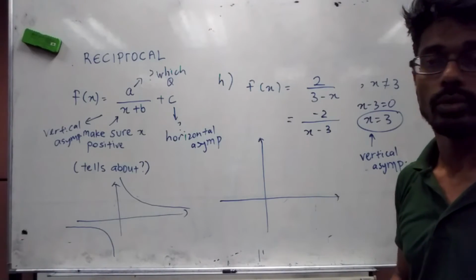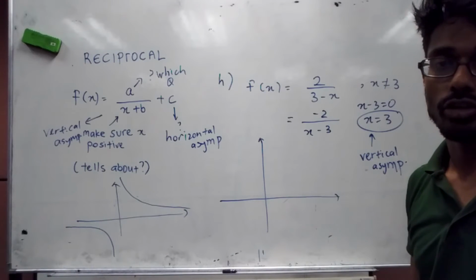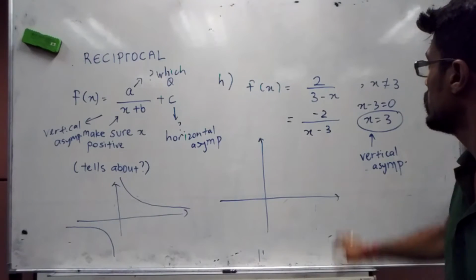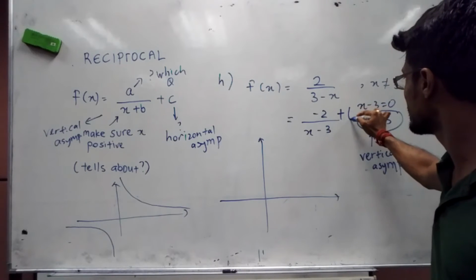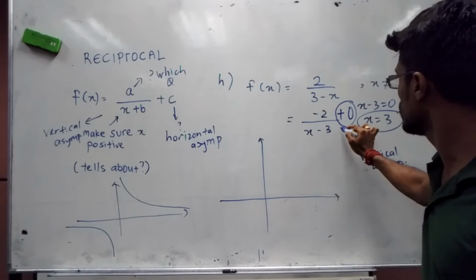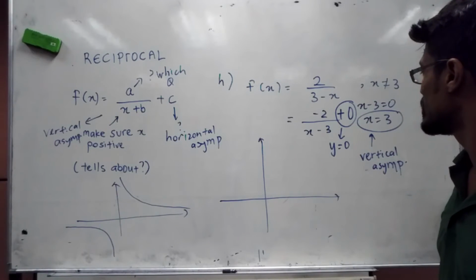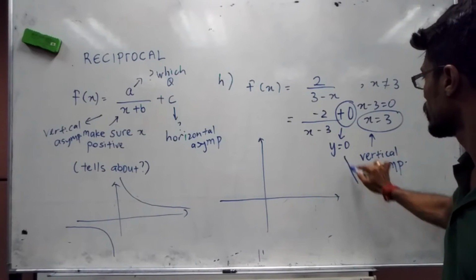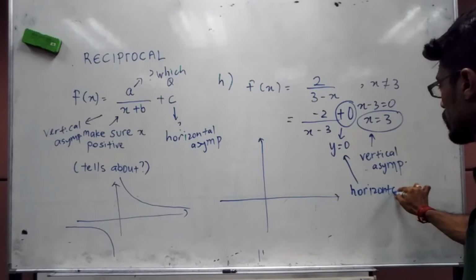And I pointed out to you, this plus c is going to tell me what my horizontal asymptote is. If you see, there is no number here, i.e. it is just plus 0. So this plus 0 is just y equals 0, which is going to be my horizontal asymptote.